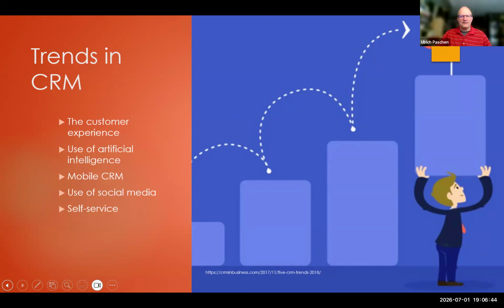The use of artificial intelligence, well, just like in most areas of business, but certainly most areas of business where we generate and work with a lot of data, artificial intelligence can be quite helpful.